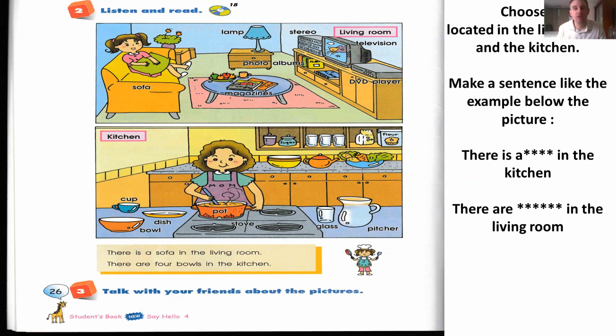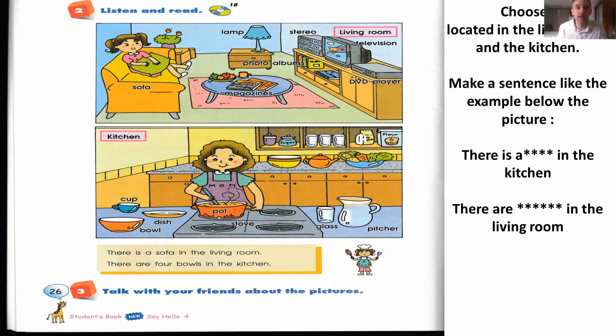Now I have something for you. Not a question, sorry, but build a sentence. Here you will choose five things located in the living room and the kitchen.